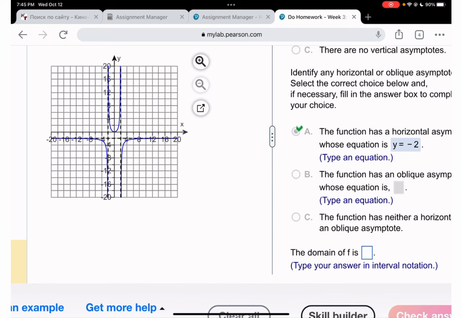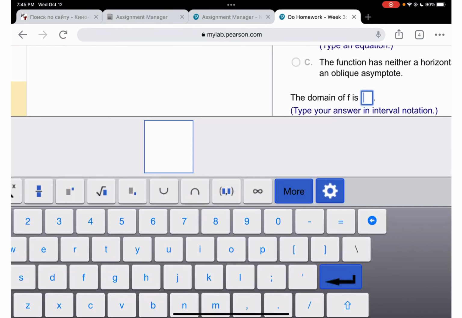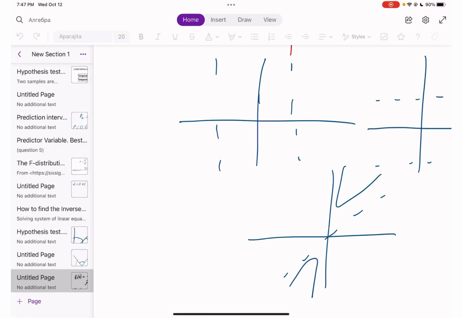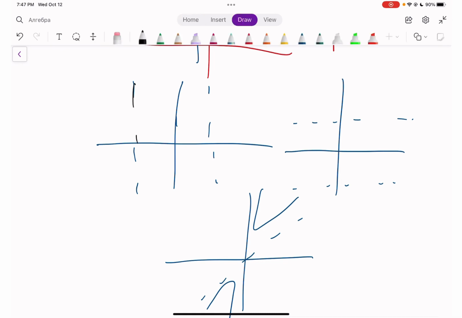What else do we have? Domain. The vertical asymptotes are going to identify the domain. To figure out the domain, let's say this is our vertical at -2, this is +2. We're going to have a domain consisting of three pieces. This one from -infinity to -2, since -2 cannot be included. Then it's going to be -2 to +2, and +2 is not included.